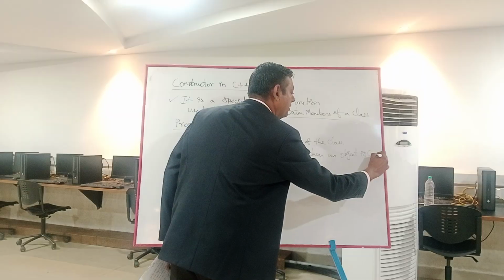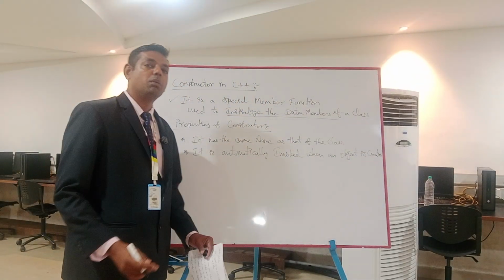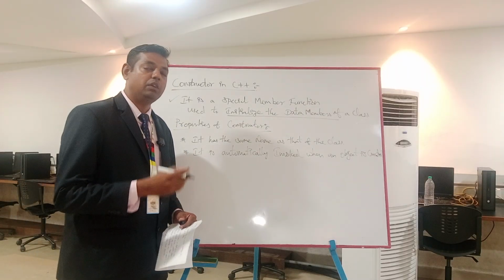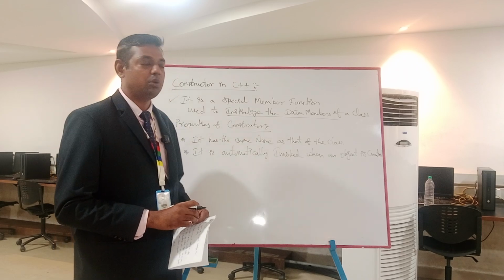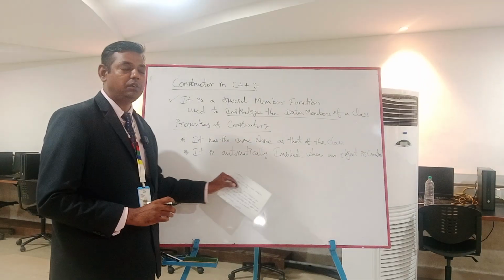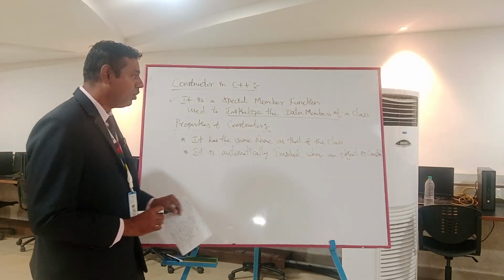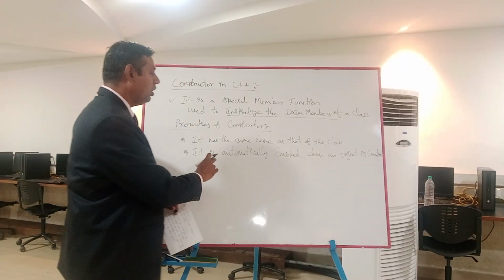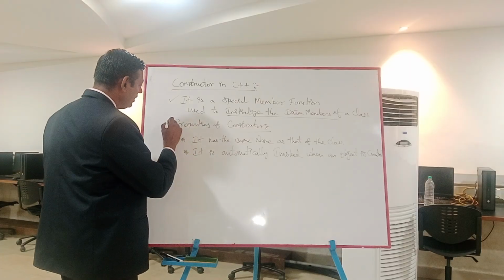In the case of a normal member function, the function has to be invoked explicitly using the class object. It is not so in the case of constructors. We need not invoke the constructor explicitly. Whenever an object is created for the class, which means whenever the class is instantiated, the constructor is invoked automatically. This is one of the important properties of the constructor.